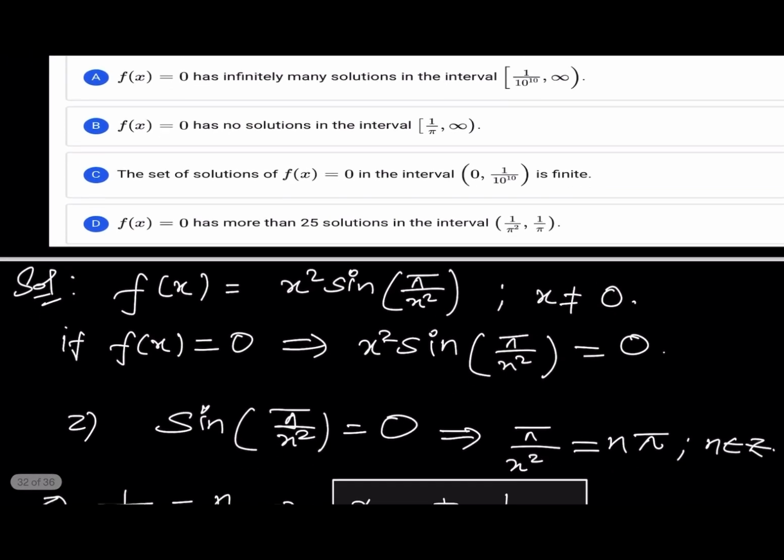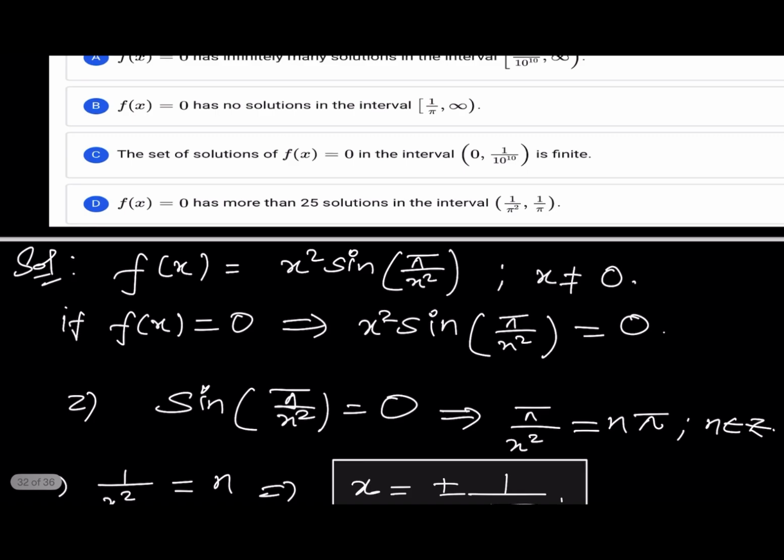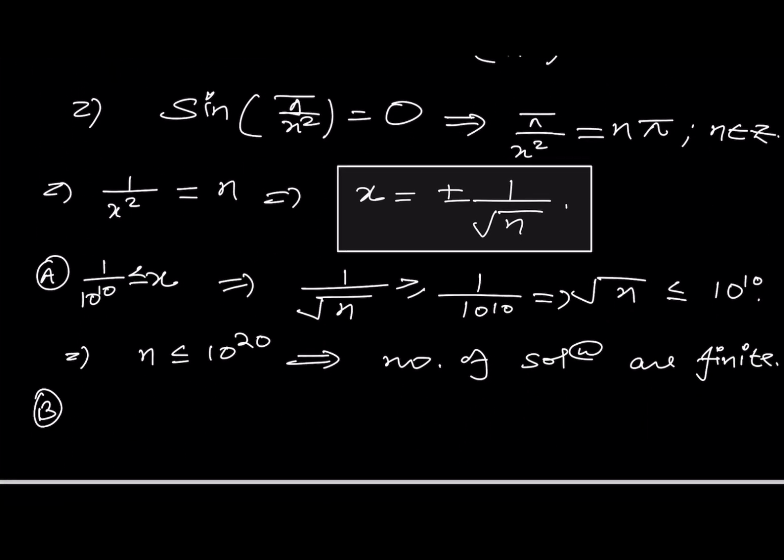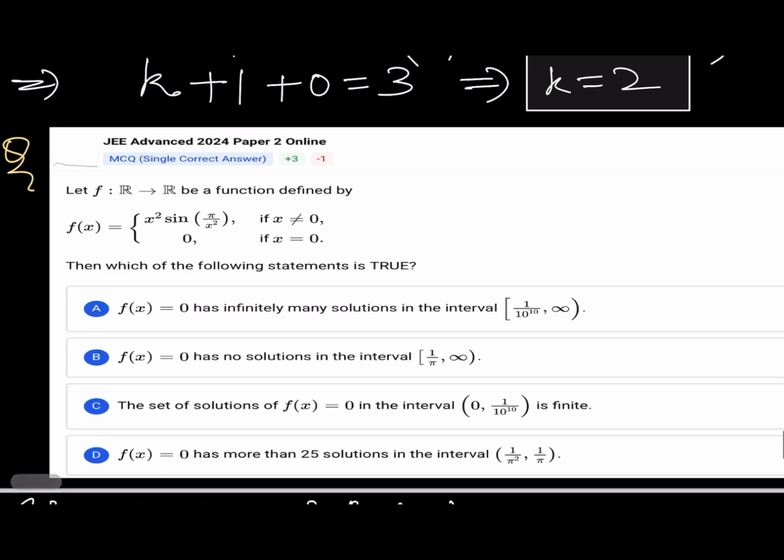Now let us move to option B. Option B says f(x) equal to 0 has no solution in the interval 1/π to infinity.